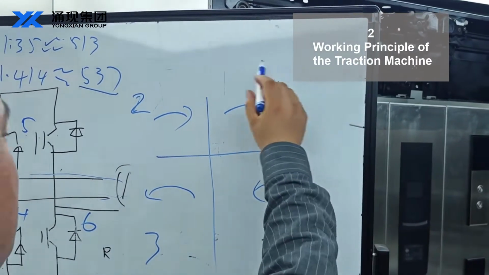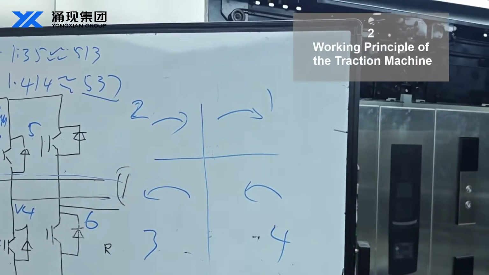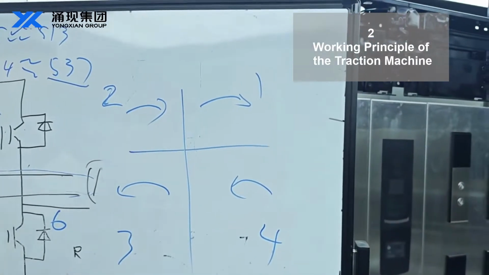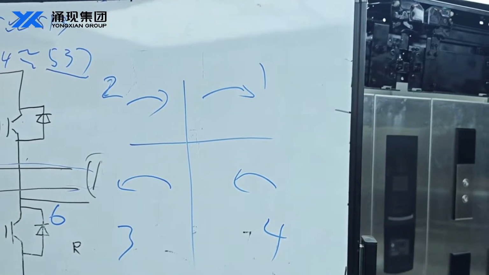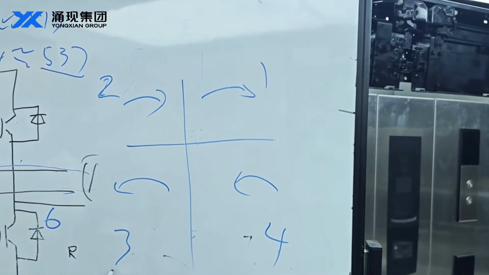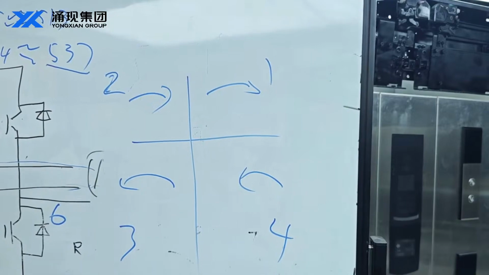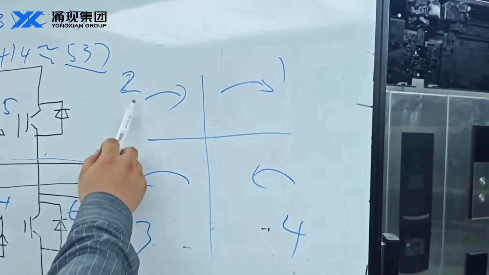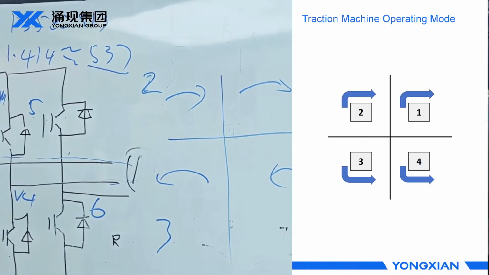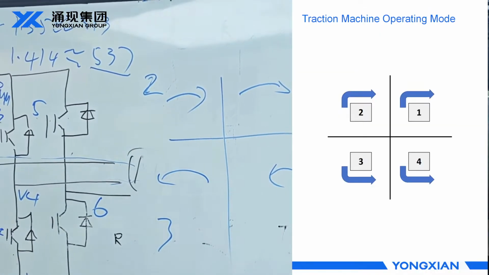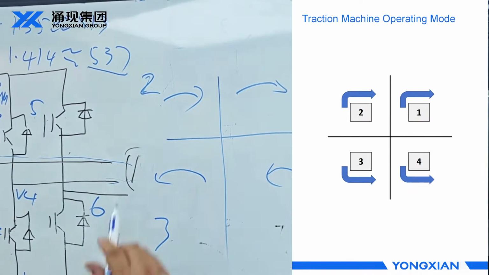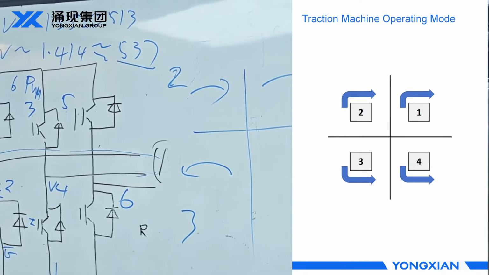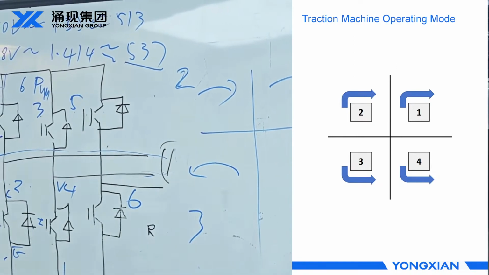Quadrant 1 is for a traction machine rotating clockwise. Quadrant 3 is for a traction machine rotating counterclockwise. Quadrant 2 is for a traction machine rotating clockwise with counterforce.